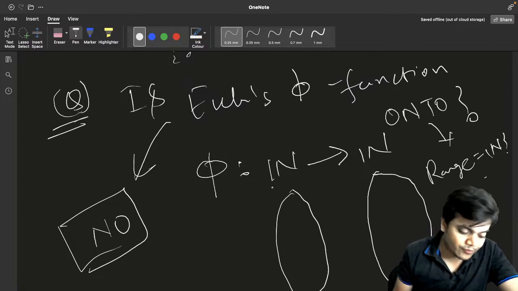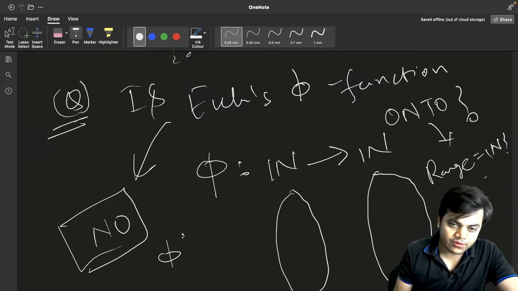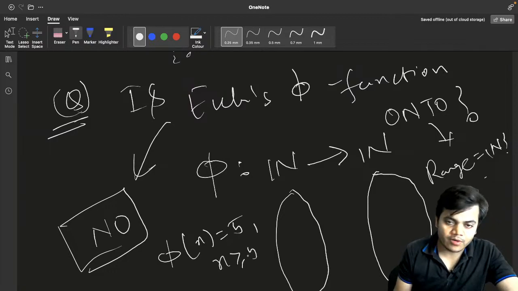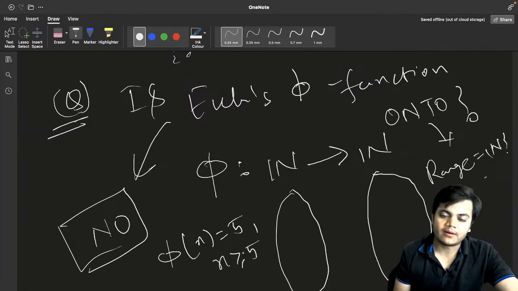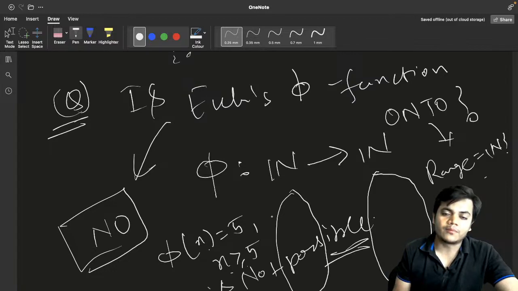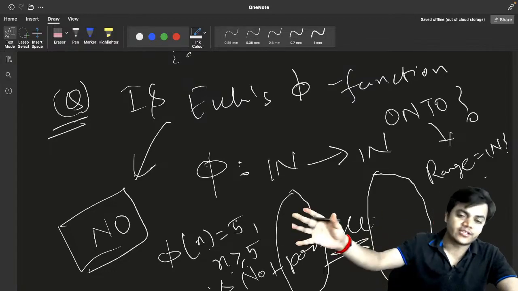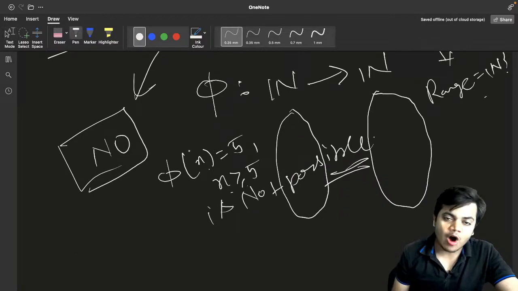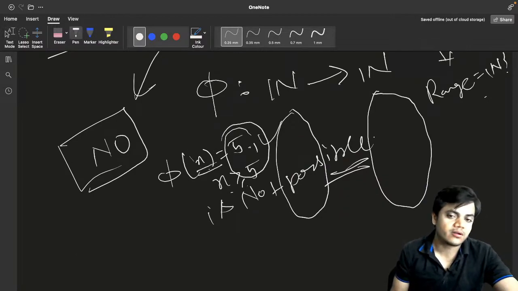For example, if we take phi of n equal to 5 with n greater than or equal to 5, it is not possible. Why? Because we had already seen a theorem that if your n is strictly greater than 2, then the output of phi of n should be an even number, but 5 is odd. So 5 does not have a pre-image.